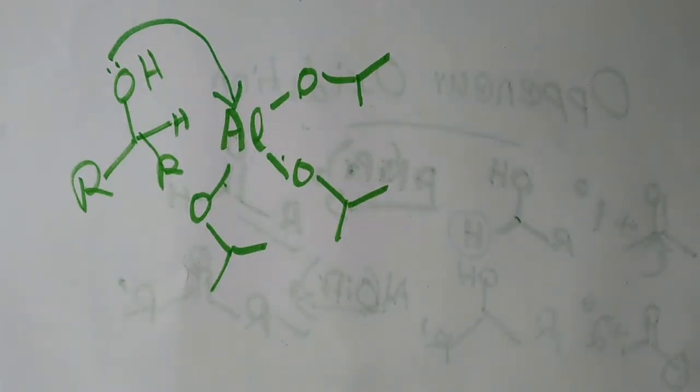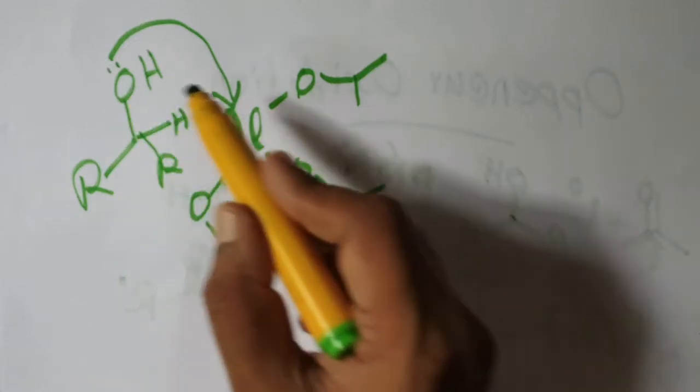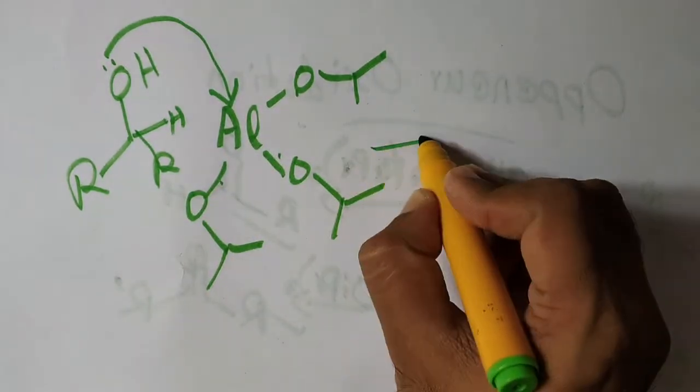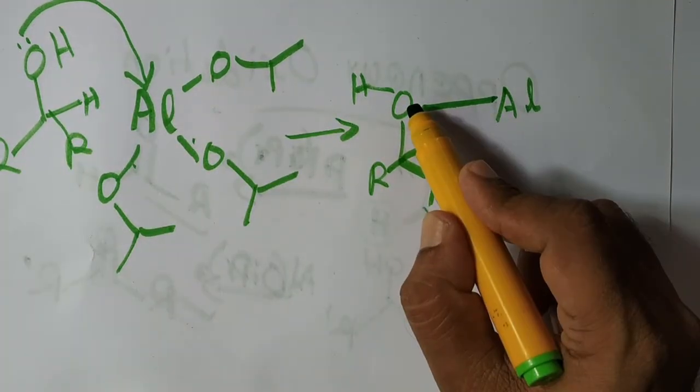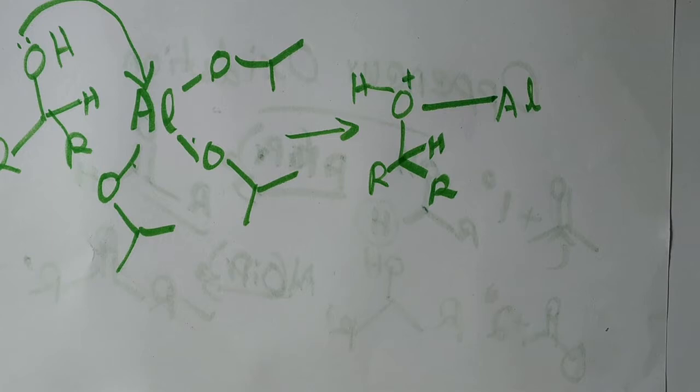So what does this mean? This means these 2 electrons are going to stay in between this aluminum and this oxygen, or there is going to be a new bond between oxygen and aluminum. Let us show that. In theory, oxygen lost one of its electrons, so oxygen will have a positive charge. When a neutral species loses one of its electrons, this will be a positively charged species.